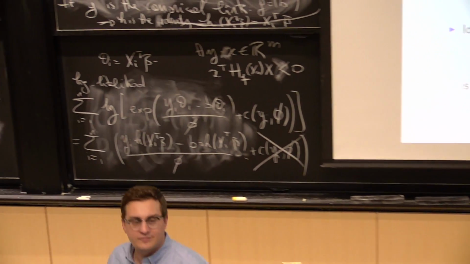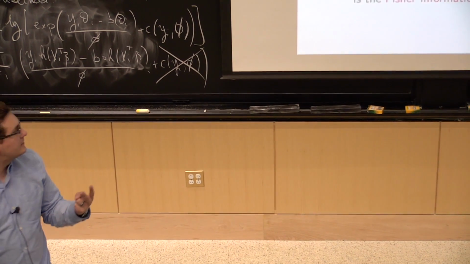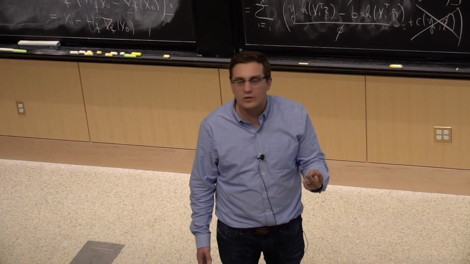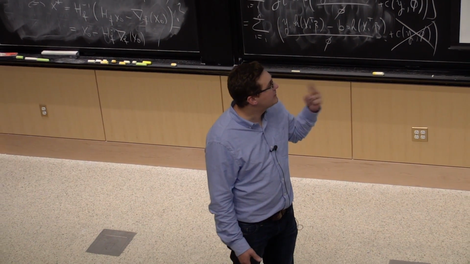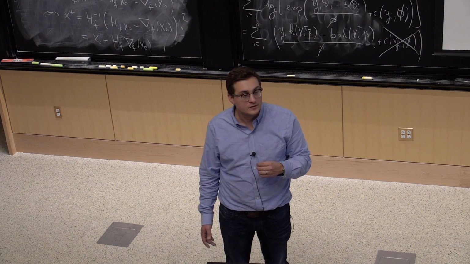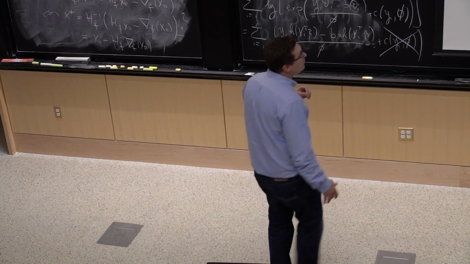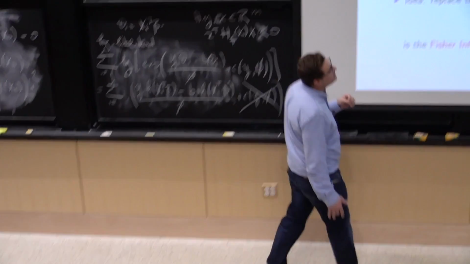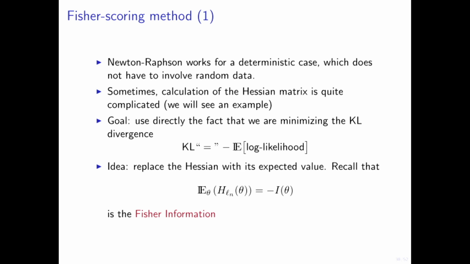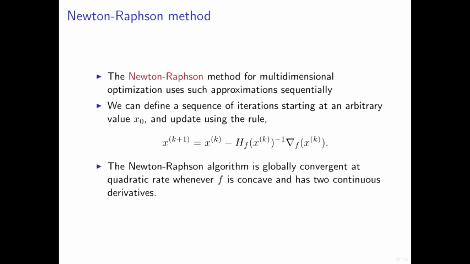The Fisher information was defined in two ways, as the expectation of the square of the derivative, or the negative the expectation of the second derivative of the log likelihood. And so now I'm doing some sort of a leap of faith here, because this theta, which is the current xk, that's the current theta at which I'm actually doing this optimization, I'm actually pretending that this is the right one.